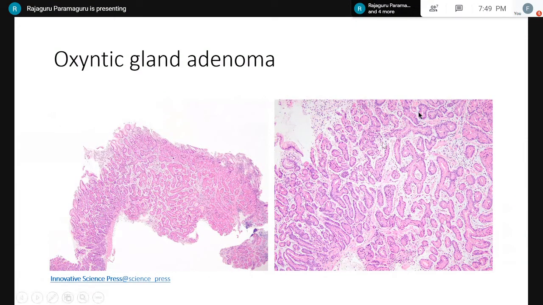That is, oxyntic gland adenoma shows anastomosing glands with similar kind of cells lining them, but they are similar to that of the chief cells with a amphophilic cytoplasm. But they can also show parietal cell type of epithelium also.